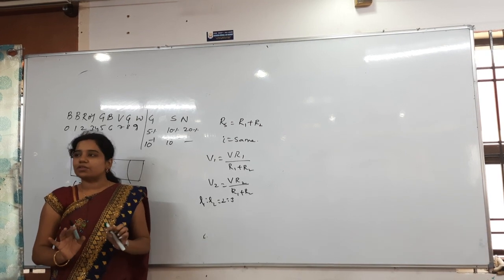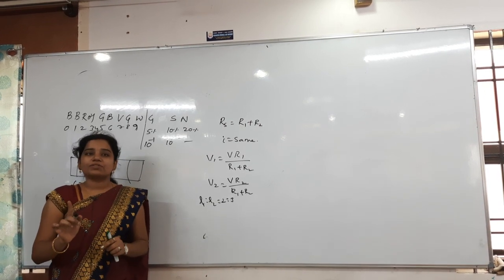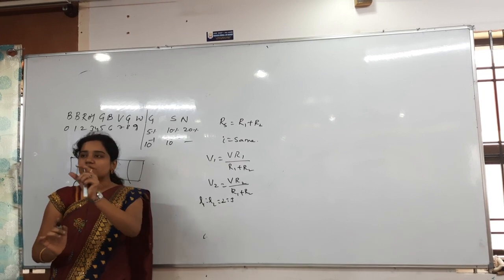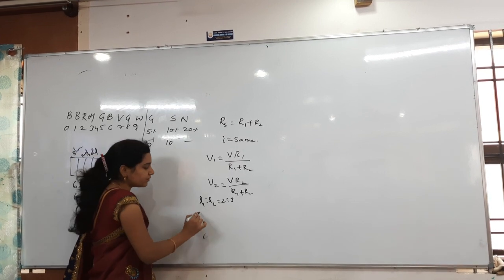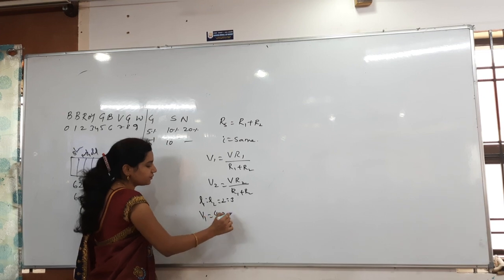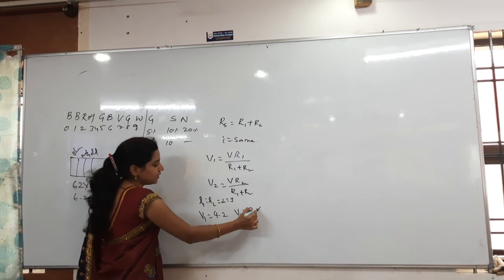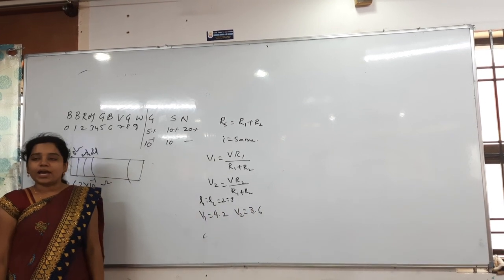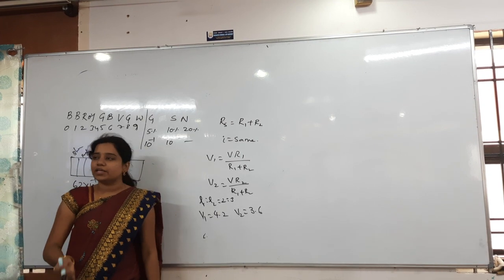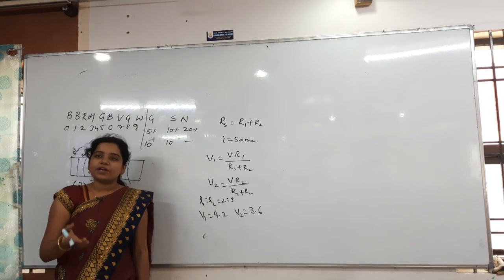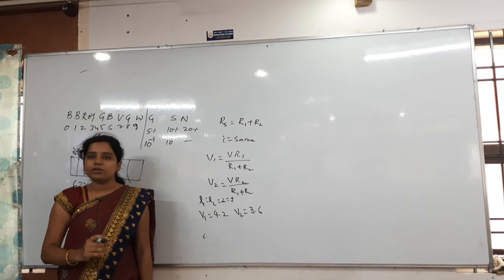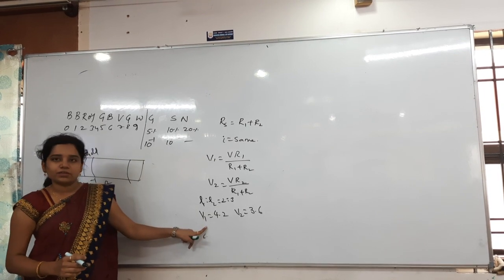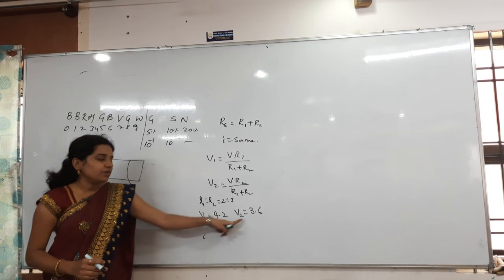They have not given anything else, but they have given the potentials across the individual resistors. The potential across the first resistor, V1, is 4.2, and the next one is 3.6, and they are asking to find the radii. Before that you have to find the resistance first. I know V1 and I know the total voltage also.